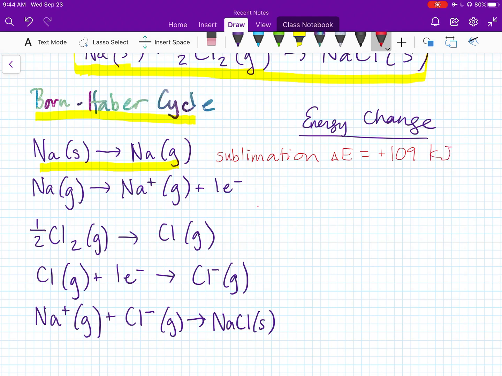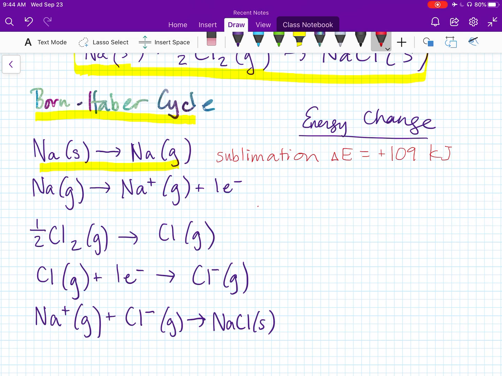When we put energy into the process to make it go, it has a positive sign, a positive energy. It makes sense because you would need to put energy into a solid to make it vaporize, to turn it into a gas. That would seem to require energy input in the form of heat. So we denote that using a positive sign for the energy change.